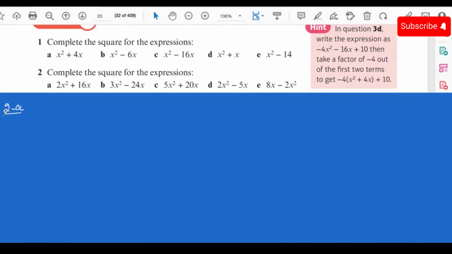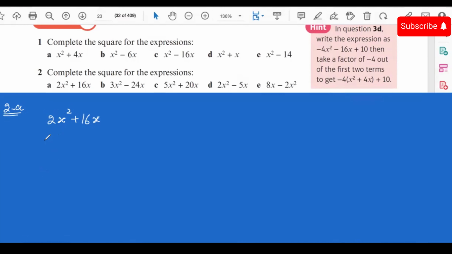For example, we have question 2a. In question 2a, we have 2x square plus 16x. Now, here we have a 2x square. This 2 is not a square number.